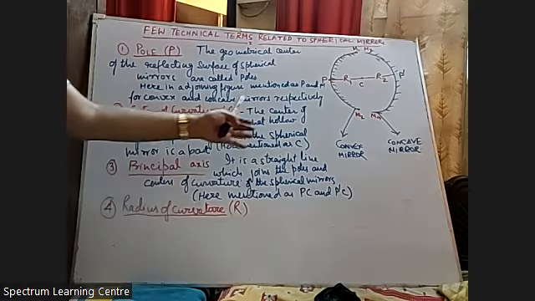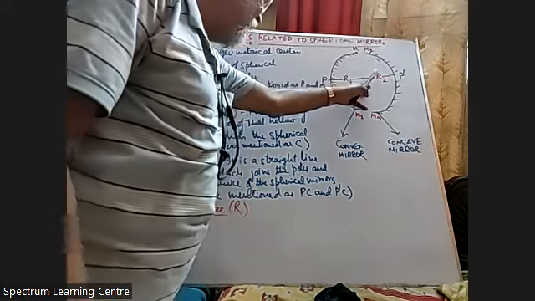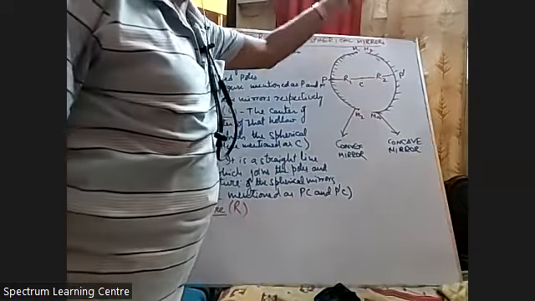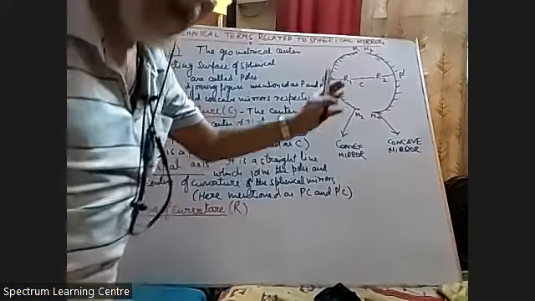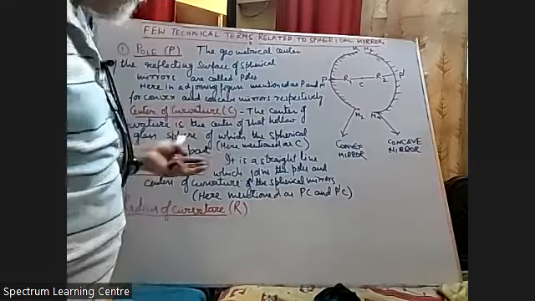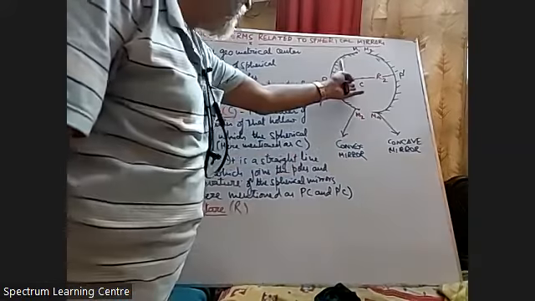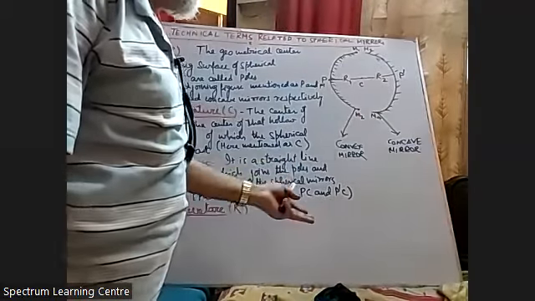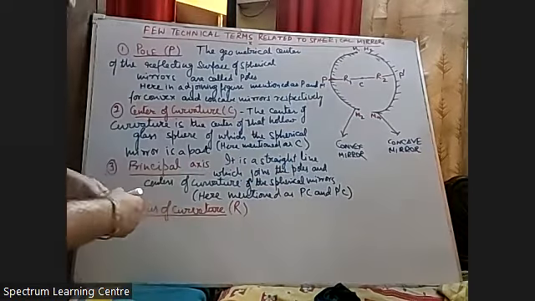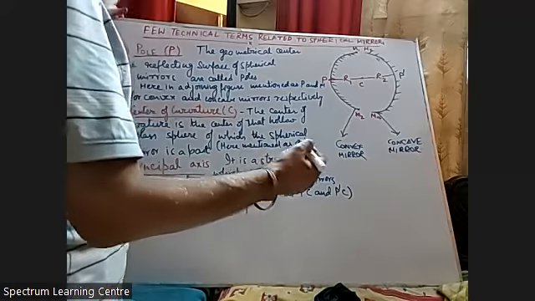If you are taking the center of curvature at the center of the hollow glass sphere of which the mirror is a part, so the radius of curvature will be radius of that spherical hollow glass of which mirror is the part. Clear?